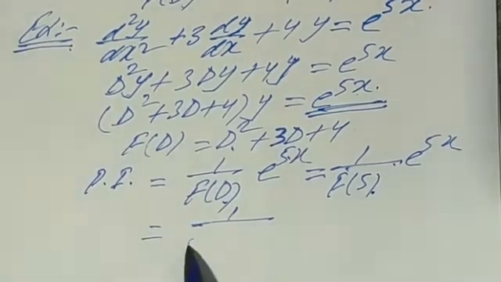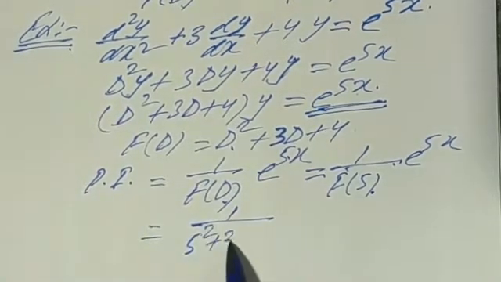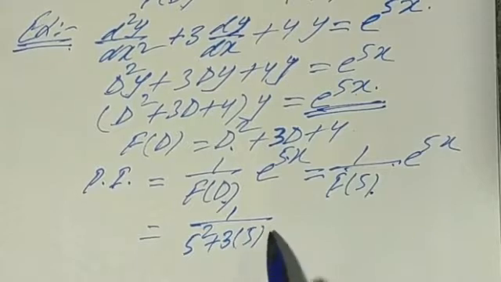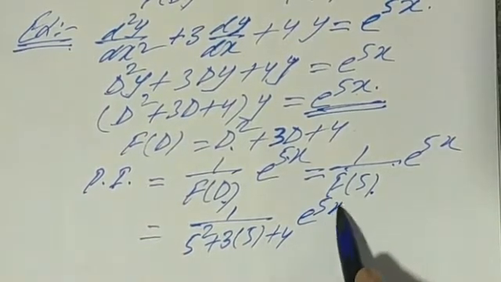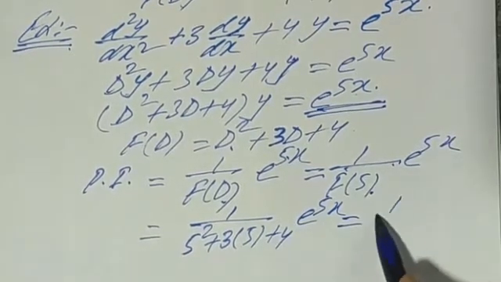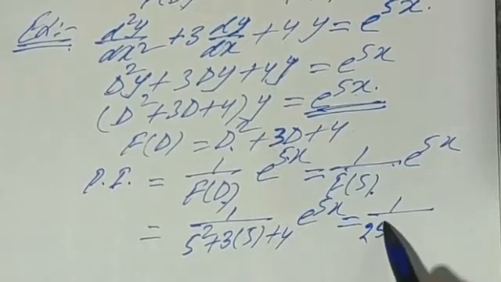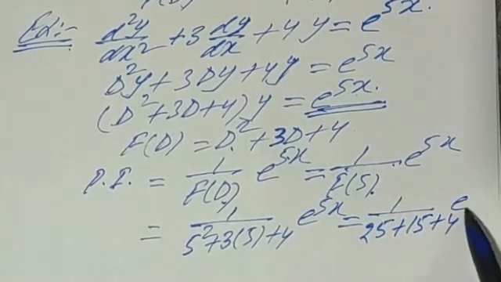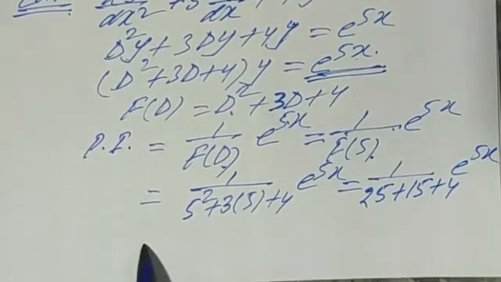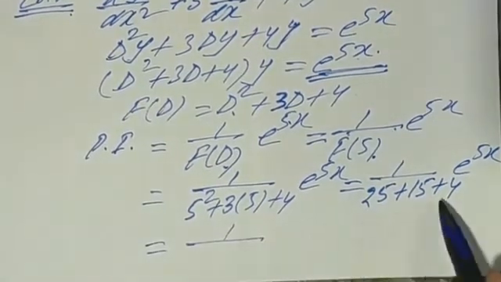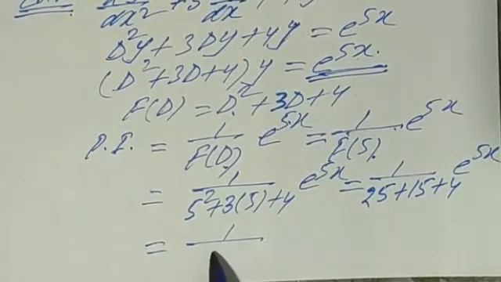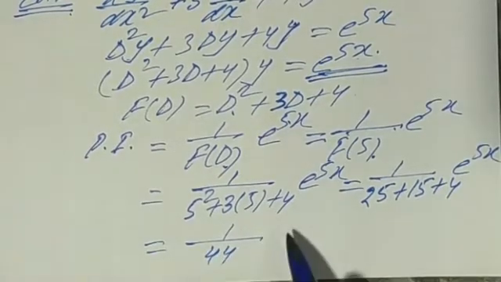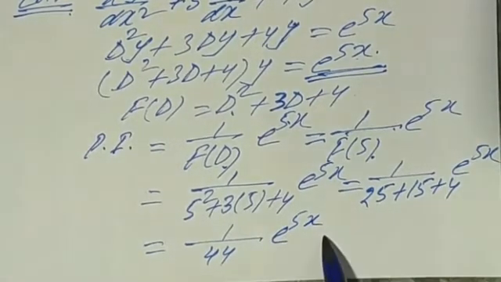So 1 upon 5 square plus 3 into 5 plus 4, e raised to the power 5x as it is, and we get 1 upon 25 plus 15 plus 4, e raised to the power 5x. Taking the sum, we get 1 upon 44 e raised to the power 5x.